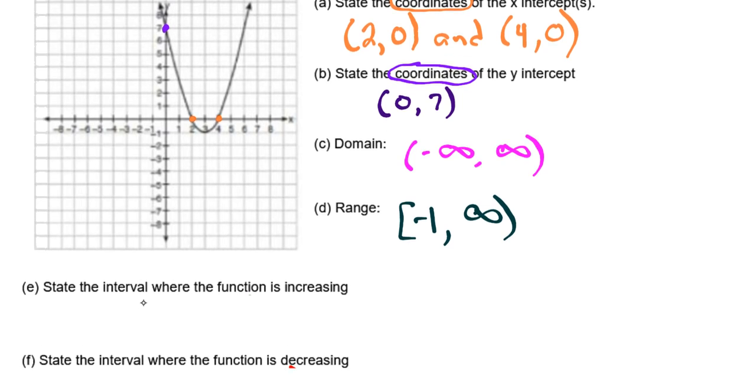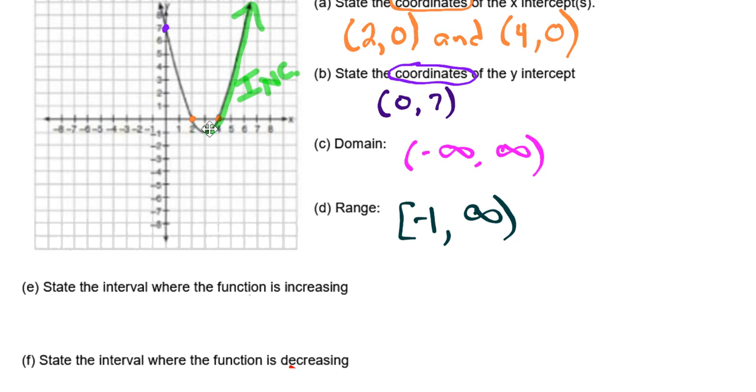Next, state the interval where the function is increasing. So increasing means our graph is going up the page from left to right. So increasing starts at an x value of 3 and then goes up forever. That is where our graph is increasing. So in notation form, we use the x values to describe where that is happening.